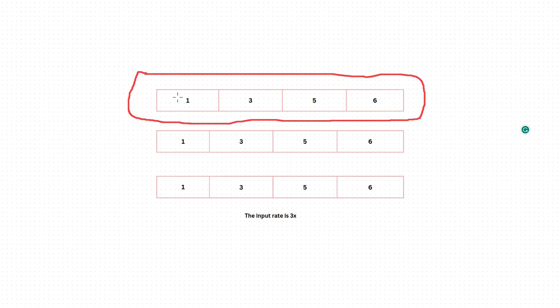Let's say we start with the first element. Then it will go to the next loop, which is this one. And it will go to the next loop, which is the third one. Then this third loop will move to the next one, and it will move to the next one, which has the value 5, and it will move to the last one.